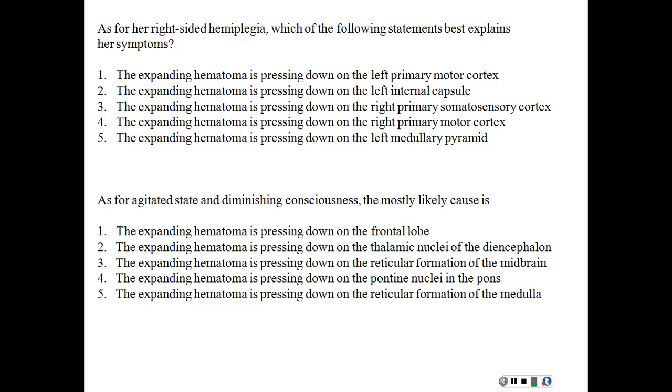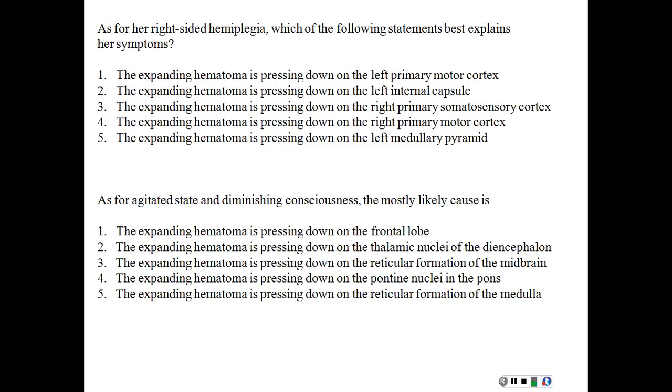The internal capsule, that's pretty deep. Primary somatosensory cortex, well, this is about motor, the hemiplegia, nothing's working. The right primary motor cortex, no, the lesion's on the left, right? And we know that those upper motor neuron axons from the primary motor cortex descend through the internal capsule, get to that cervicomedullary junction where they cross the midline, right?